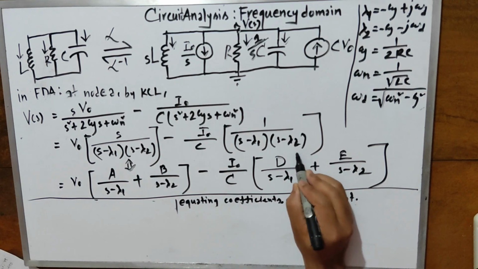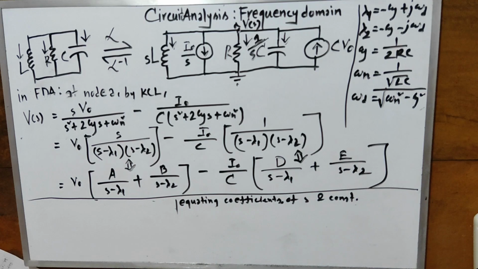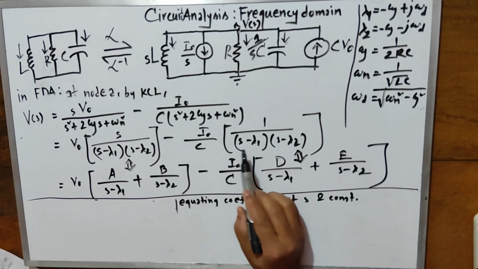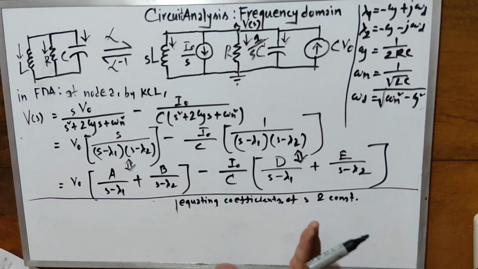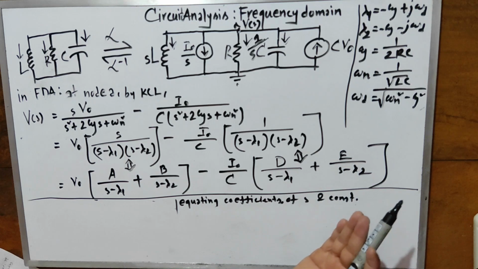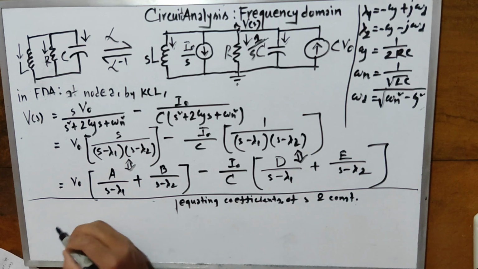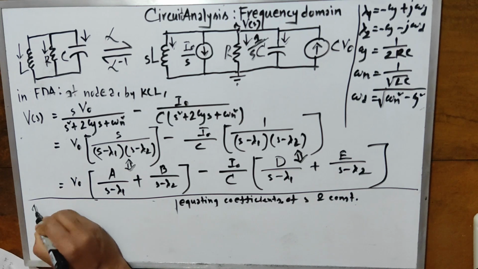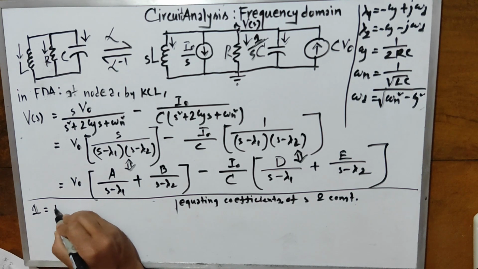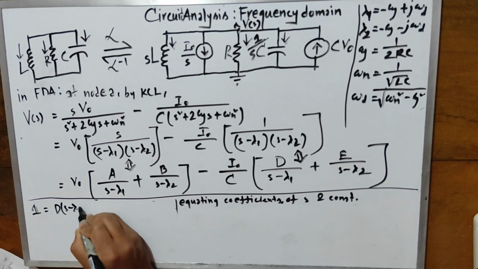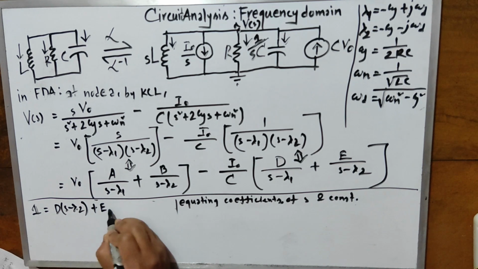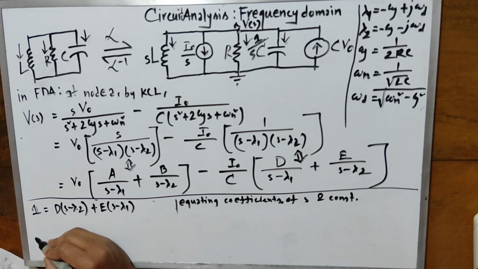So now I am equating these two terms. If I take s minus lambda 1 into s minus lambda 2 and multiply on both sides, it will give me 1 equals d into s minus lambda 2 plus e into s minus lambda 1. So the same operation as I did in my frequency domain analysis of the series RLC circuit.